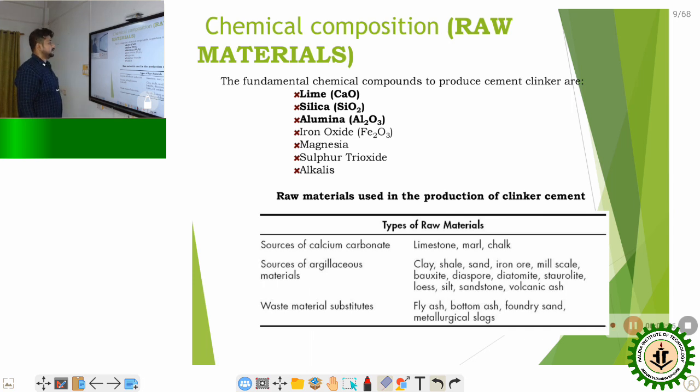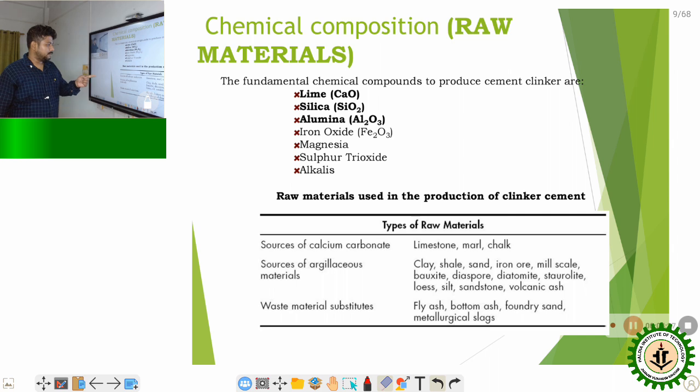Chemical composition: these are the raw materials, and later I will tell you the various percentages. The fundamental chemical compounds to produce cement clinker are lime, CaO, silica, SiO2, alumina, Al2O3, iron oxide, Fe2O3, magnesium oxide, sulfur trioxide, and alkalis.